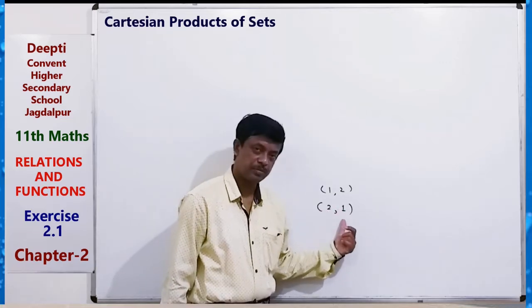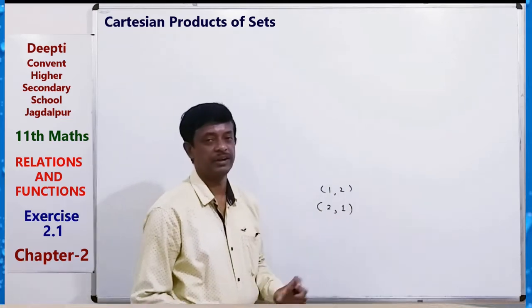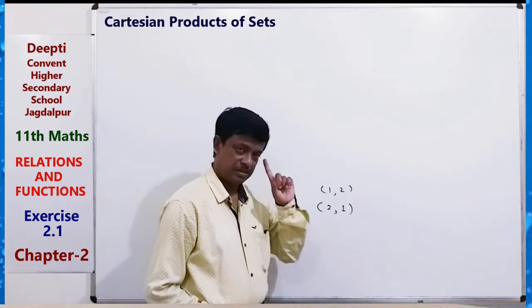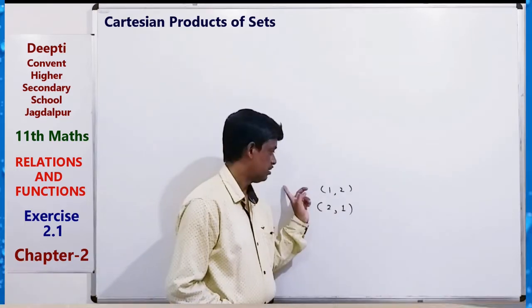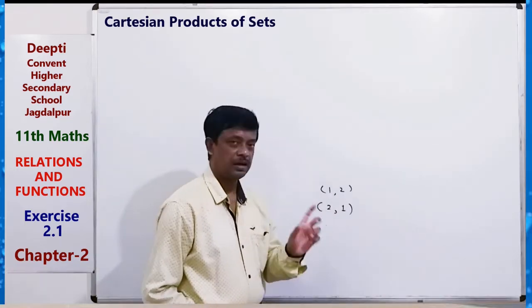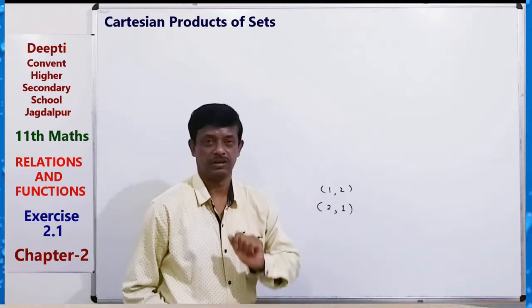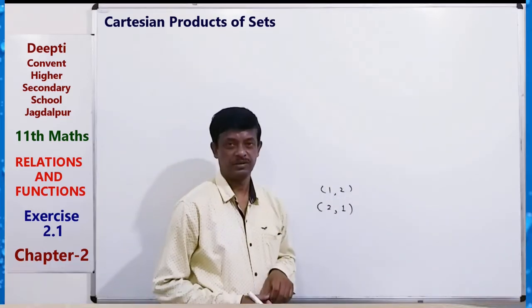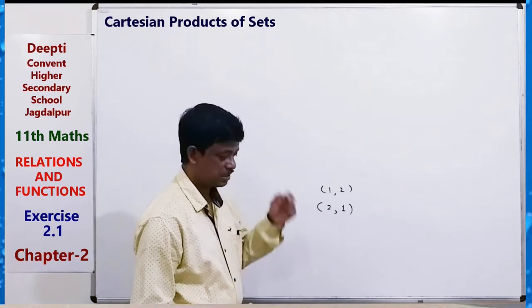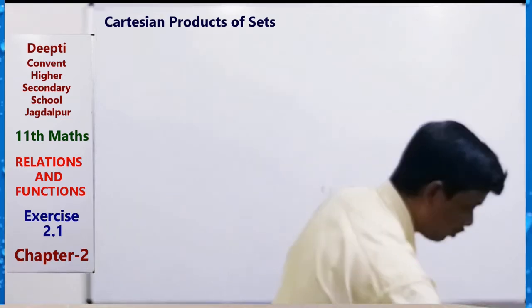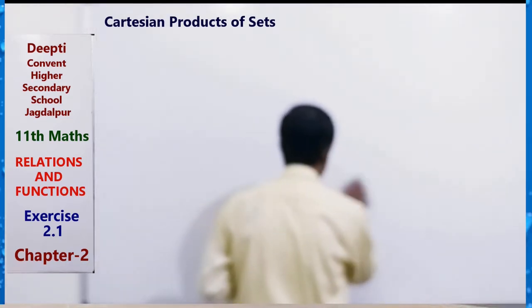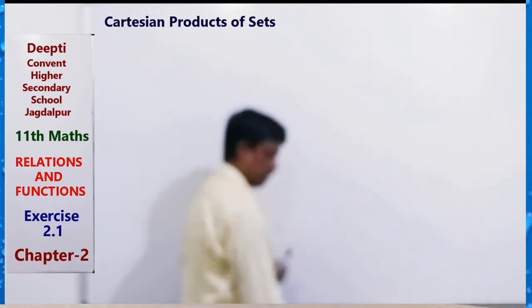This is also an ordered pair, but both are different, because an ordered pair means there is a particular order of these elements. So this notation of ordered pair we are using in our Cartesian product.